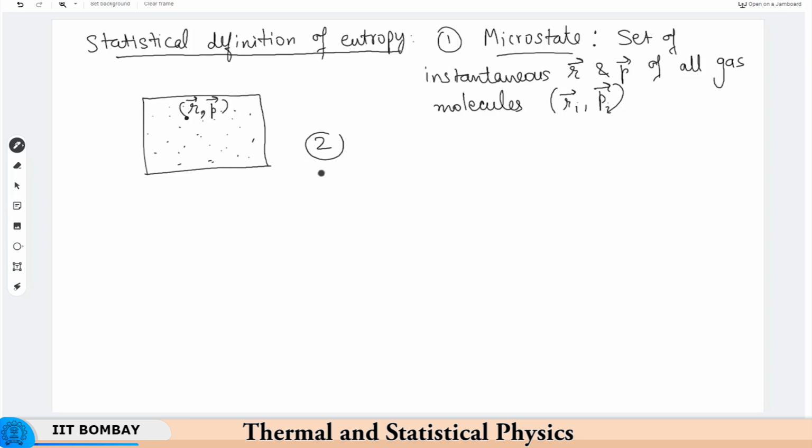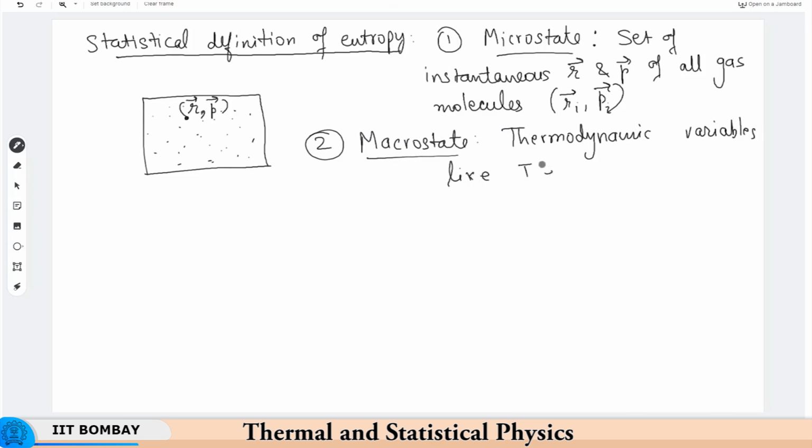And what is a macrostate? This is what we were interested in in kinetic theory, when we were formulating it. But when we started thermodynamics, we said that we are going to completely ignore all these microscopic details, and we were only interested in macroscopic thermodynamic variables. So, the next thing is macrostate, and macrostate is thermodynamic variables like temperature, pressure, internal energy and so on.